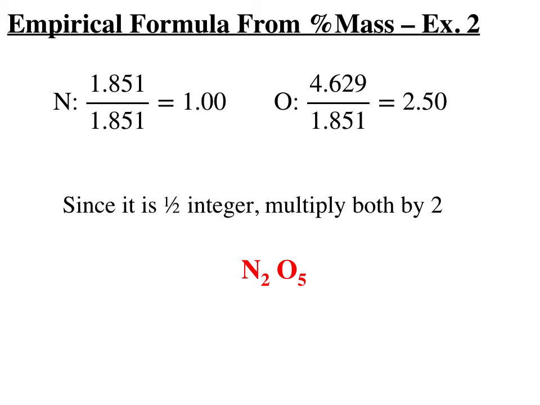Now, if you're doing this experimentally, you would do this over and over and over again to verify that maybe that wasn't supposed to be NO2 or maybe NO3, and it really is N1O2.5, so that this compound was N2O5 in terms of whole numbers.